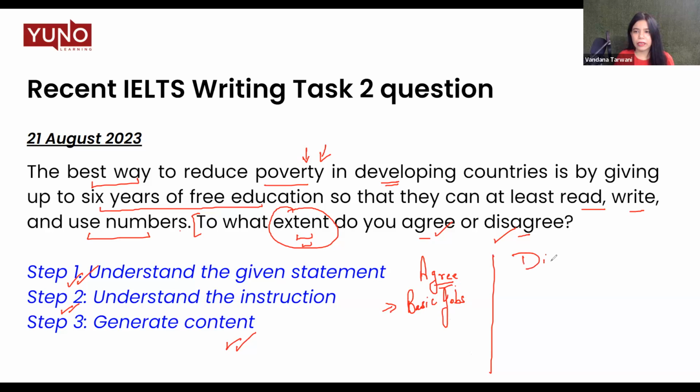Whereas if I disagree with the solution given by IELTS, then in the very first sentence of my body paragraph, I would say why basic literacy is not going to do much for reducing poverty. And if we are disagreeing, then in our body paragraphs we are going to write our solutions: if not basic literacy, then what exactly can be helpful?